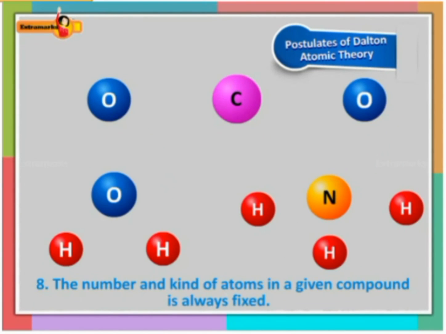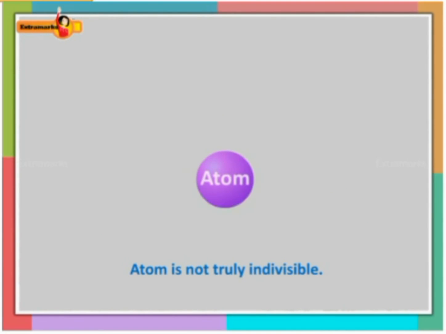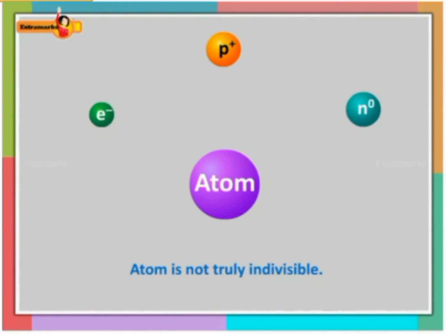The number and kind of atoms in a given compound is always fixed. Later on, more research was carried out, which eventually led to the fact that atoms are made up of still smaller particles: protons, electrons, and neutrons.